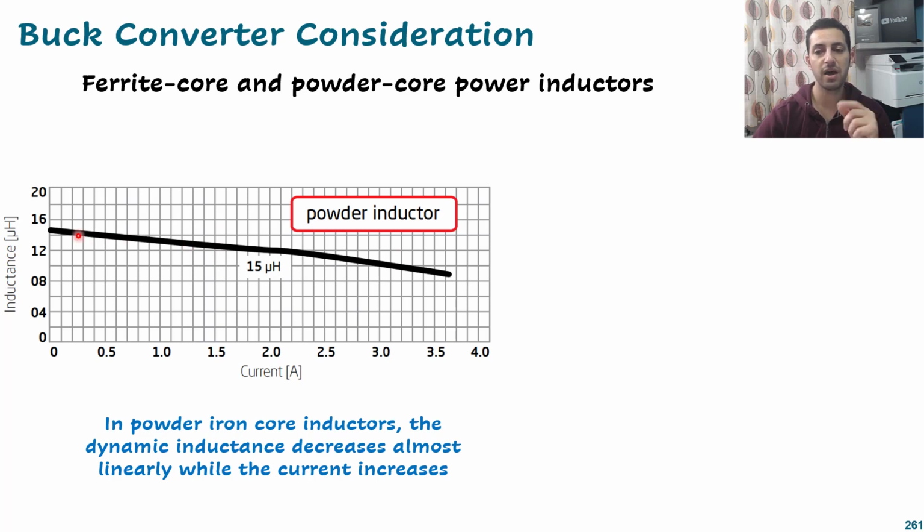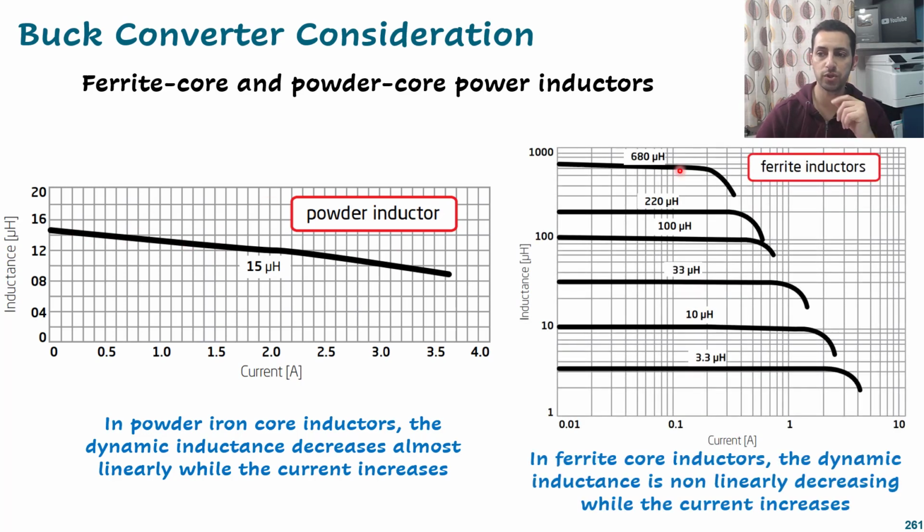But the other choice is the ferrite. When you look at the ferrite here, we have many examples. The first one is 680 microhenry, and we see here this is a logarithmic scale, so the scale will be different. We have 680 microhenry here, and then it drops dramatically, to a very small value, maybe 1000 times less.